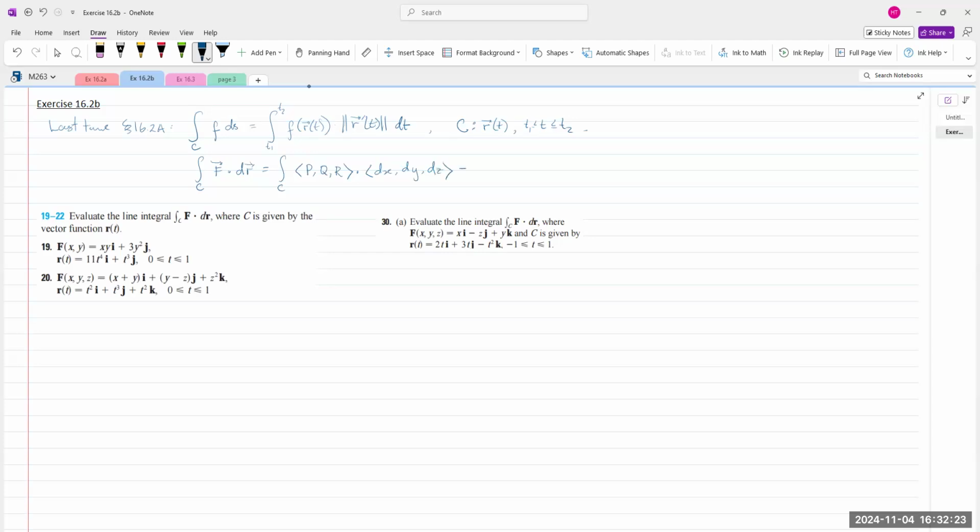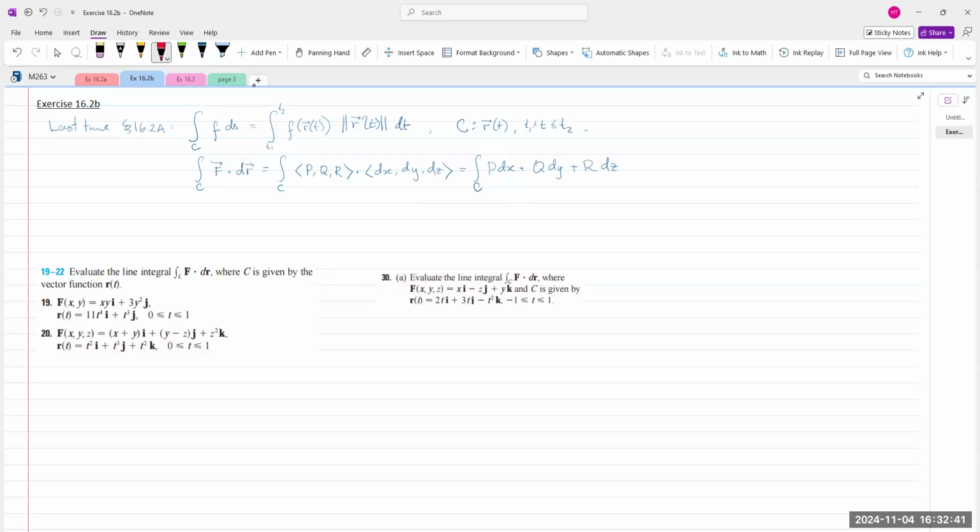Now the dot product here will be the integral over curve C of P dx plus Q dy plus R dz. We have done that also implicitly. We did this part in 16.2, but now I want you to see that it's actually just another look at the line integral over curve C of vector field f dot dr.